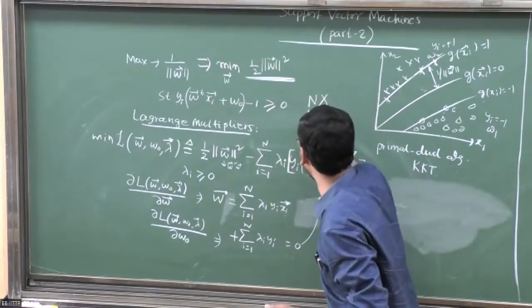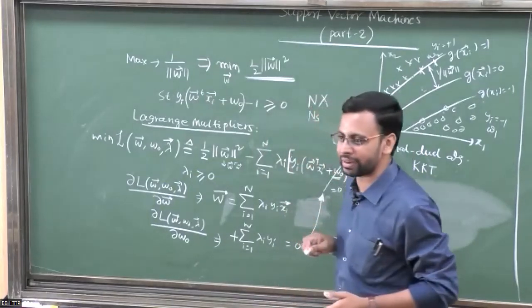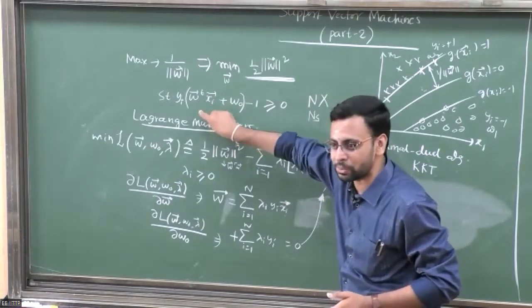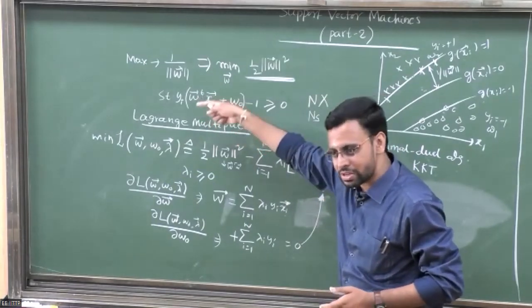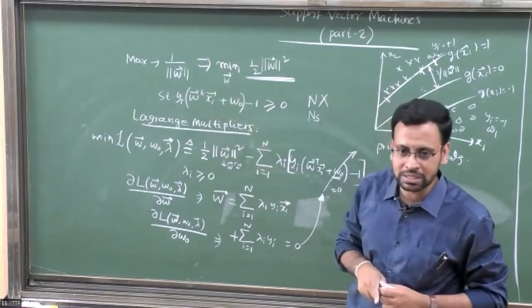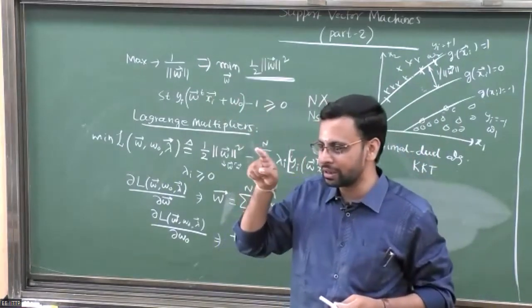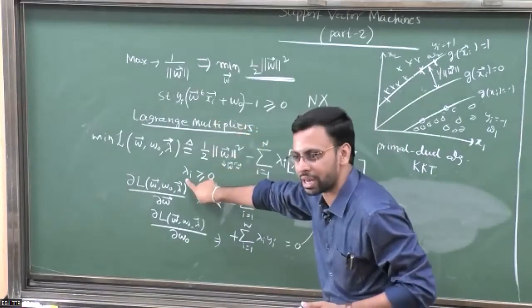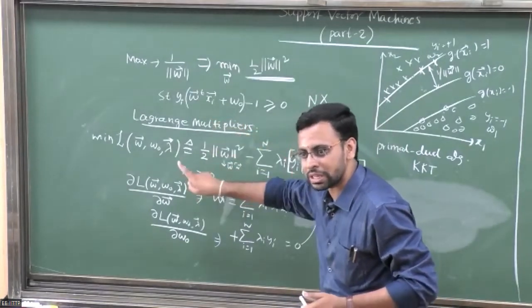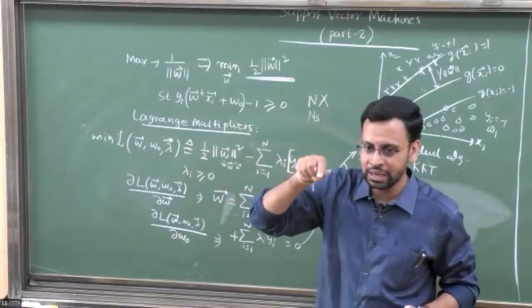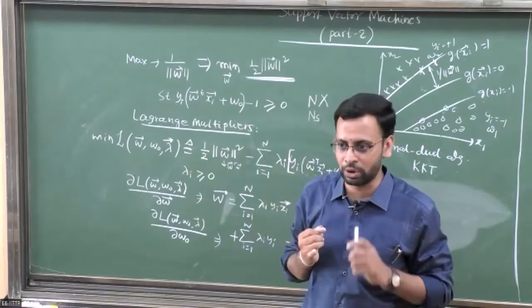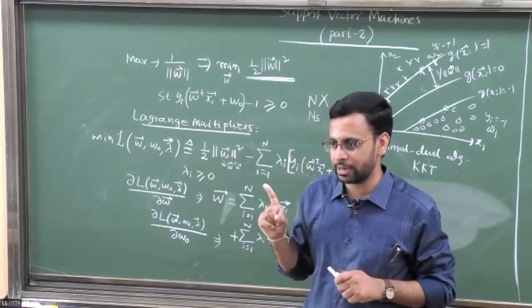Assume that you have n subscript s support vectors, you have only n subscript s conditions to be imposed, which in other words means that for the rest, you could simply make the corresponding lambdas 0. That means you have only n subscript s lambda values to be optimized. Point number 1. Is this clear?